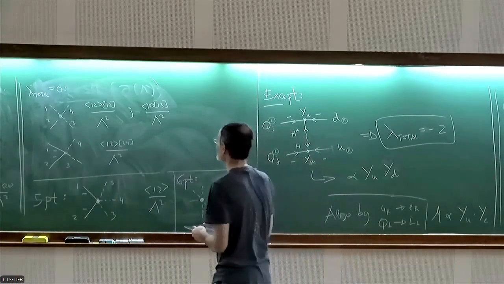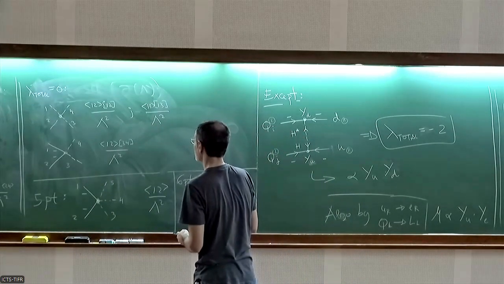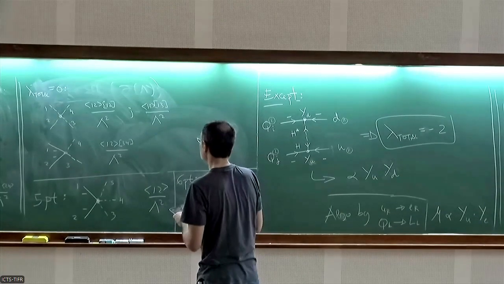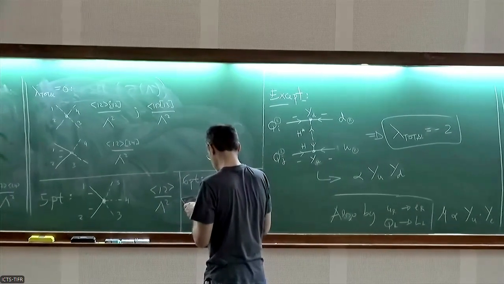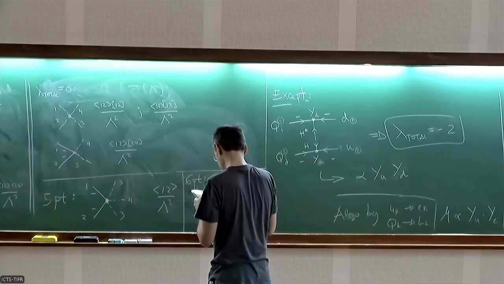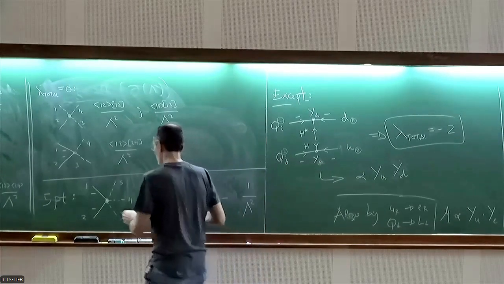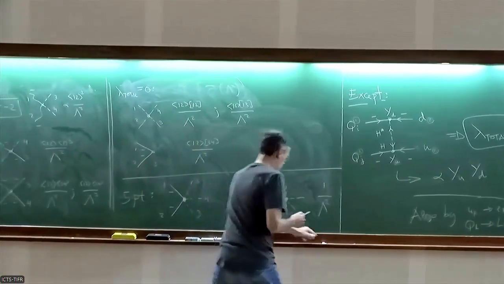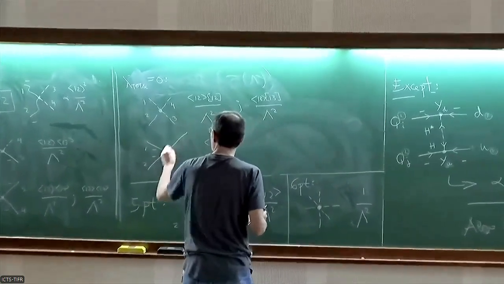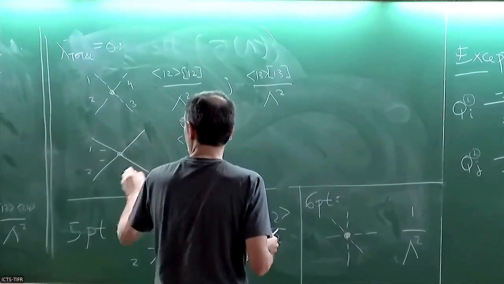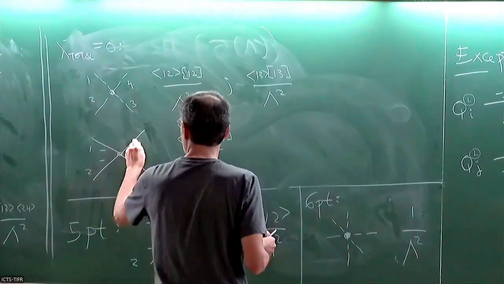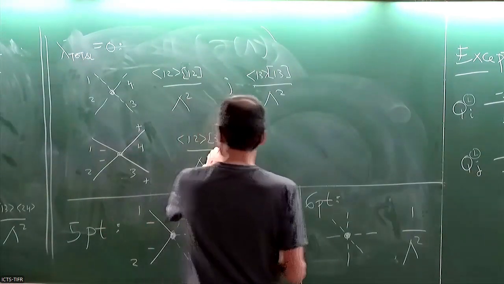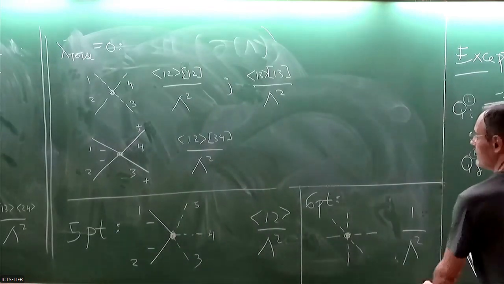This doesn't make sense, this is not two lines like this, where I wrote it. 1, 2, 3, 4, minus, minus, plus, plus.